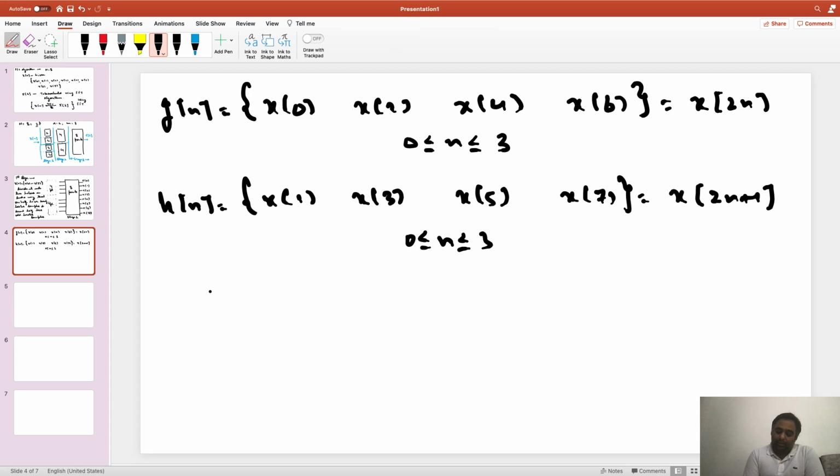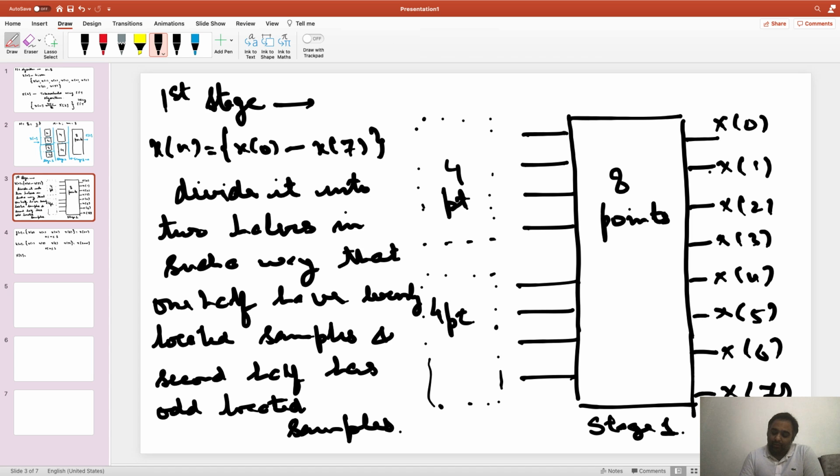Looking at the definition of the DFT, I have to evaluate these values over here, and the inputs are basically the transform values for g[n] and h[n].